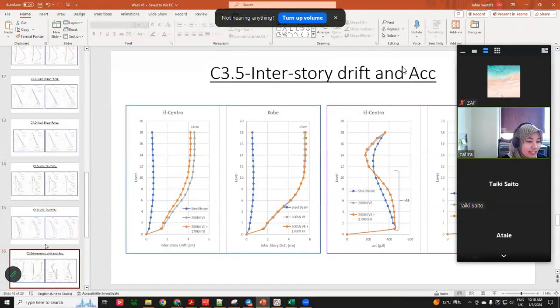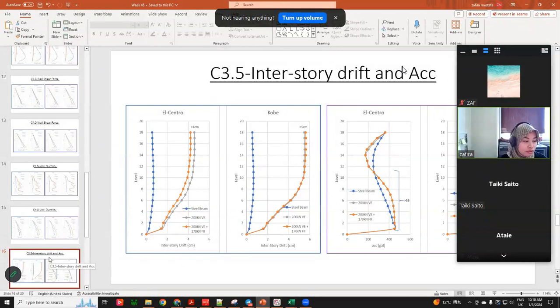Okay, I can show you this one, the drift and acceleration. There's a big difference, for example, especially for the accelerations. If we use a longer coupling beam, the performance of the viscoelastic and viscoelastic with friction is worse than the blue line, which is the steel beam.